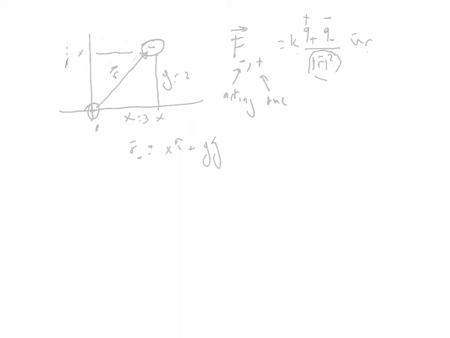By the direction u sub r. The direction u sub r goes from the source. So we are going to find the force on the negative charge due to the positive charge. So the source is here. So u sub r is the vector that goes from the source to the point. So you can imagine u sub r here.